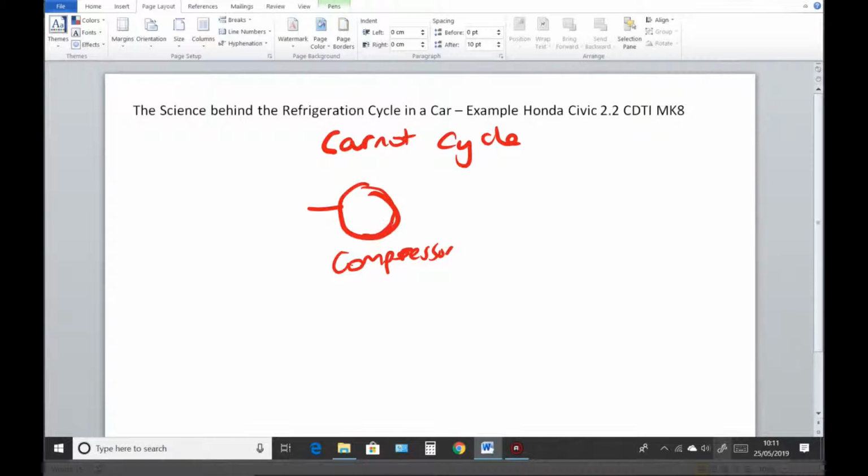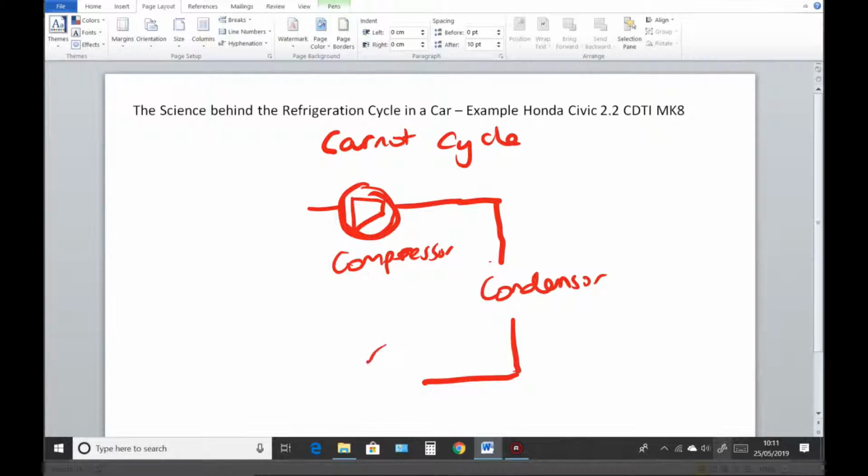What I mean is the whole cycle is a closed system, and I think they normally draw it like this. And this is called a condenser. Now in your car, that's the radiator in front of your car's coolant radiator, right at the front of your car, just after the front grille.